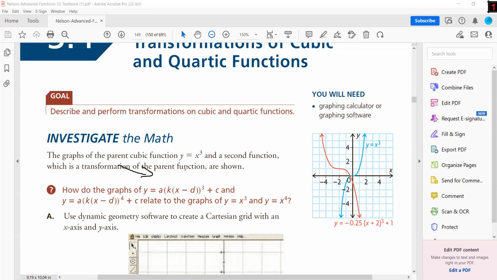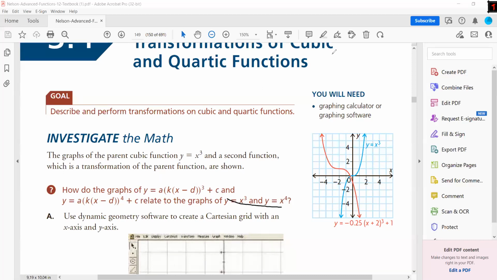This, y equals a times k times x minus d, is a general form for a polynomial function of the third power and fourth power. Considering that, we can say that x to the third power is just a specific case of the general form. When our polynomial function is y equals x to the third power, let's look into this general form.